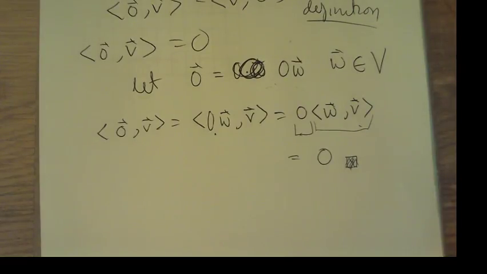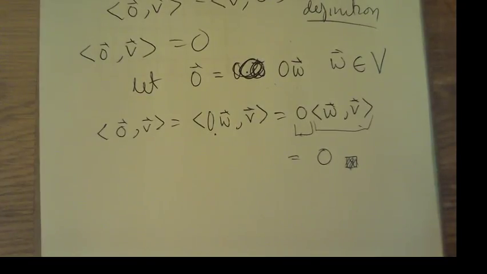On 2B, or excuse me, 2A. No, V is not the 0 vector.